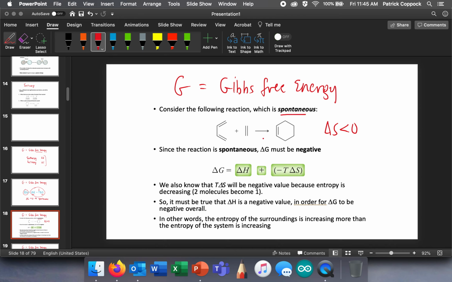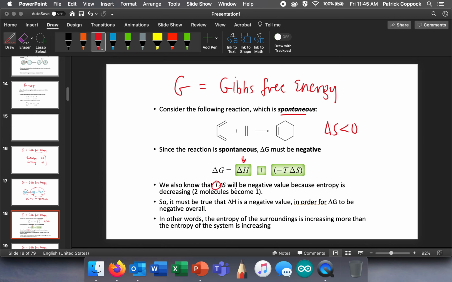How is this possible? Well, it's spontaneous because it turns out that the enthalpy overwhelms the change in entropy. So we know that T delta S will be negative, because temperature is always positive.